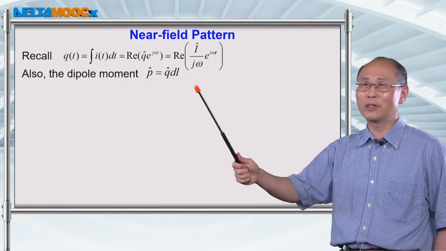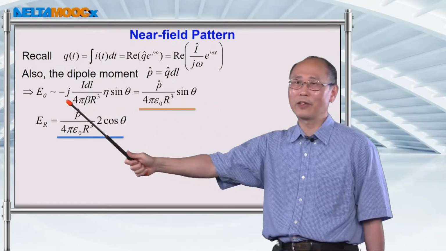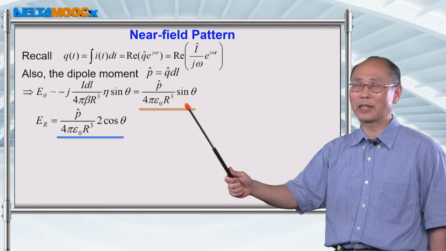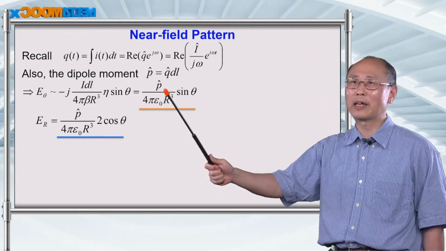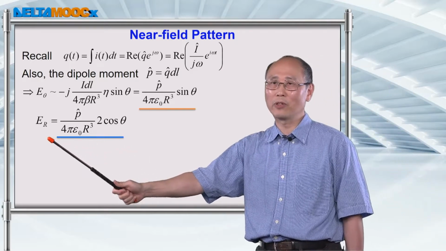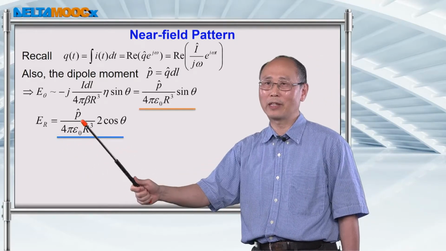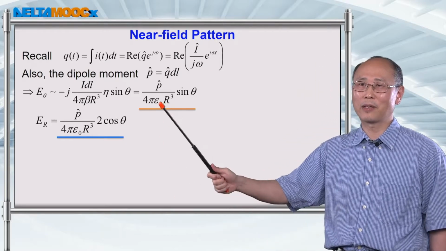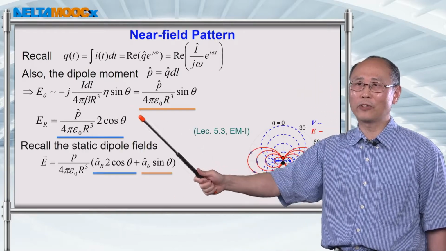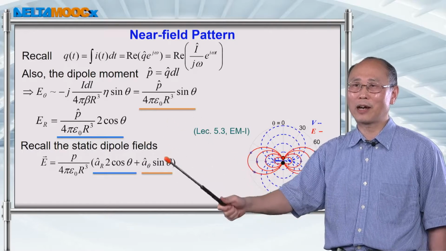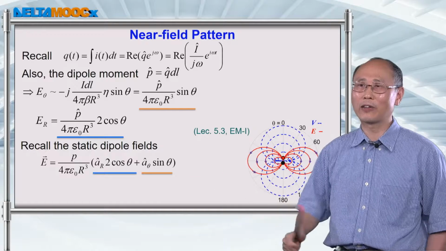With these two, we can rewrite the theta component of the electric field to be an expression containing the dipole moment. We can also rewrite the R component of the electric field containing this dipole moment. And let's make a comparison between this field and a static dipole field. It turns out that those fields are all the same.